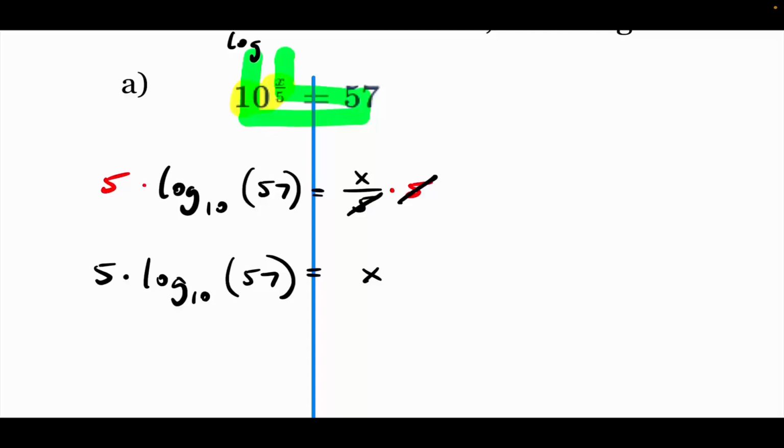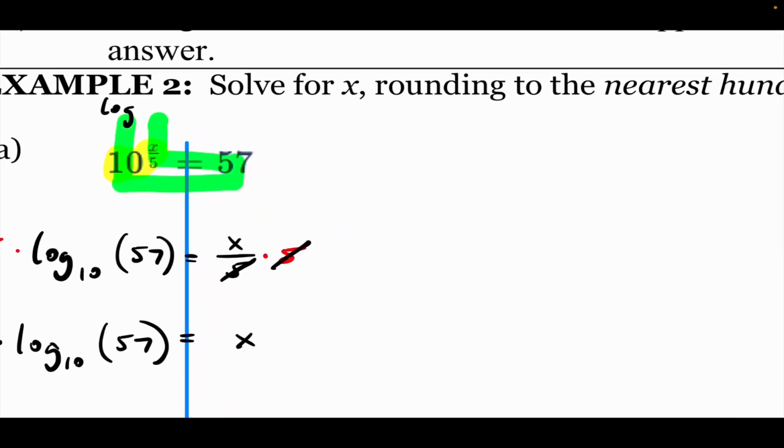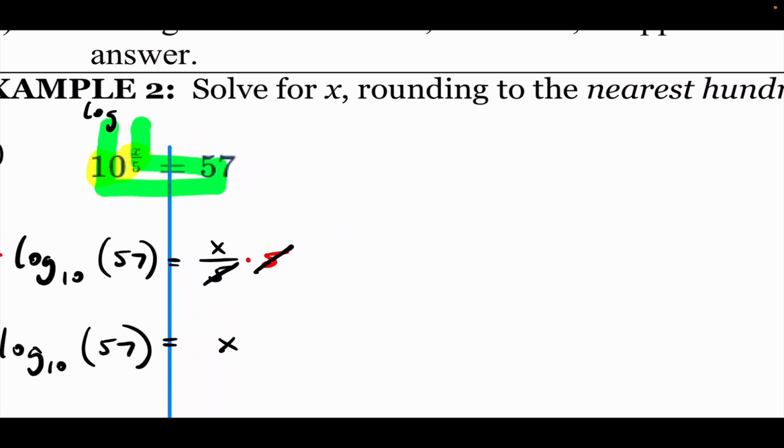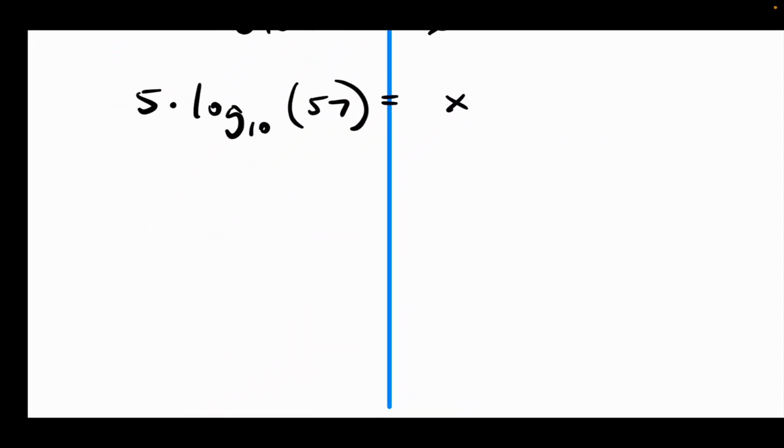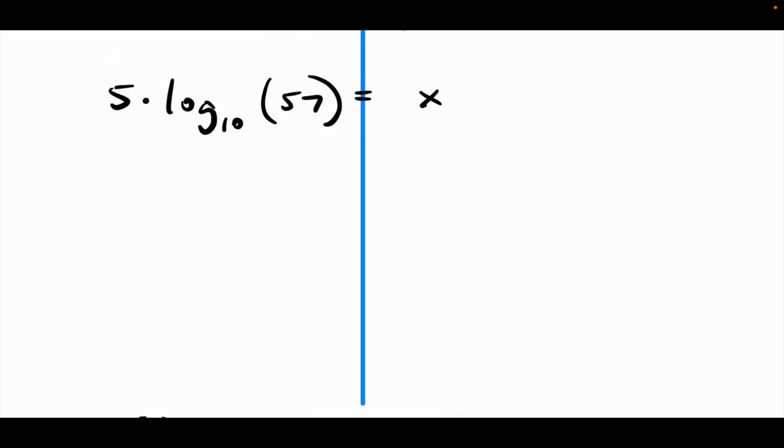That's the exact answer. That's an answer right here, but it's exact. They don't want the exact answer today. They want us to round the answer, so I've got to put that in my calculator. Okay, so watch when you do this. You're going to have to use the change of base like we did in the front.